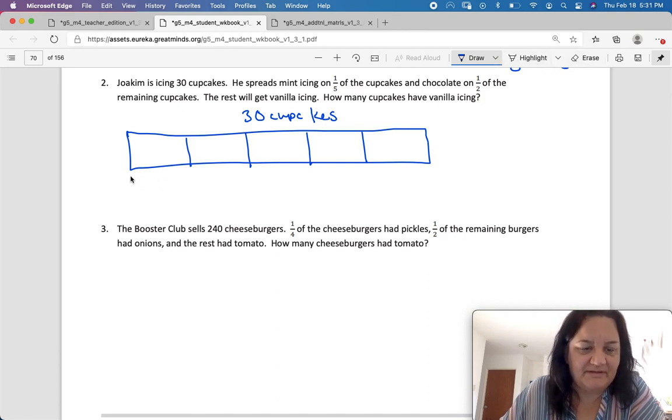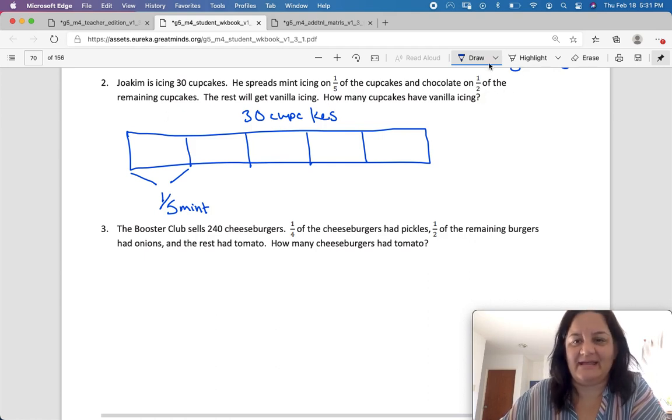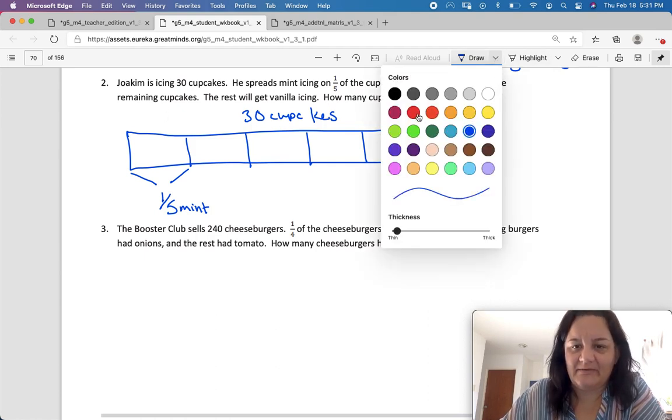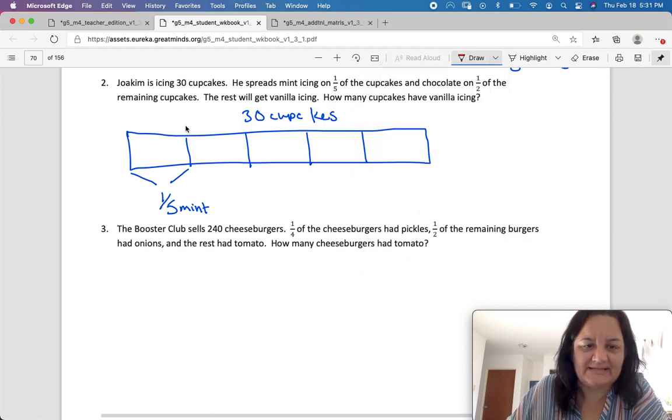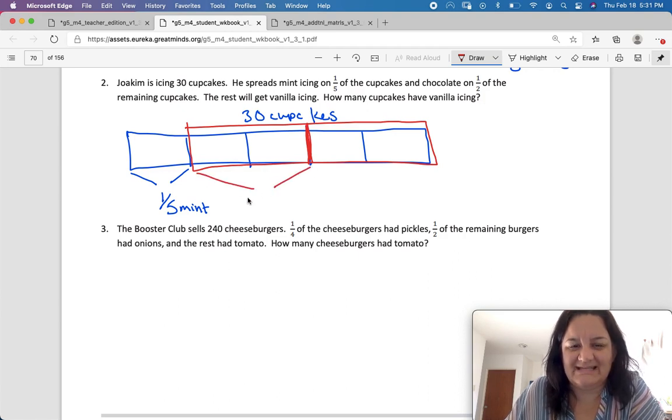1/5 of the cupcakes, 1/5 is mint. And half of the remaining, so the remaining cupcakes is this whole section here, everything in red. And half of that would be here, right? So this is chocolate.